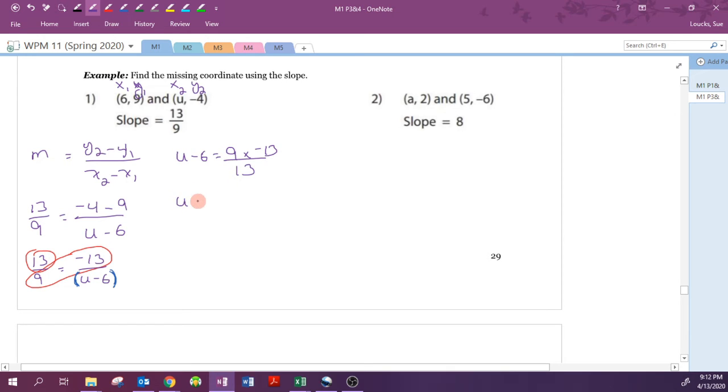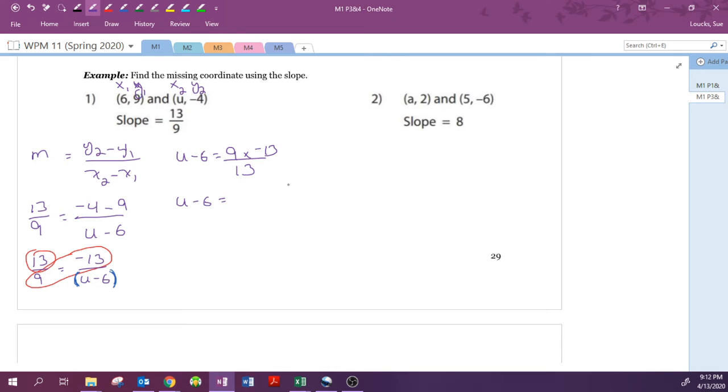So u minus 6 equals, sorry, my page doesn't have that number here. 9 times negative 13 is negative 117.